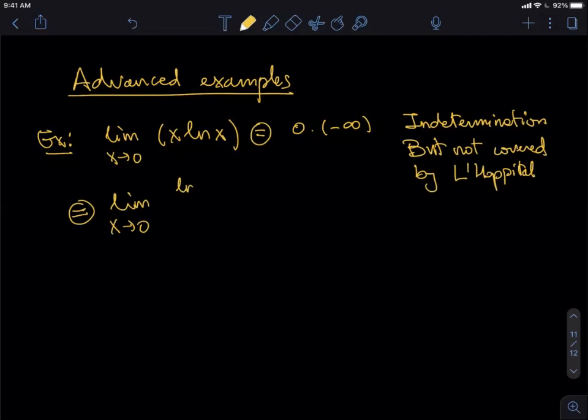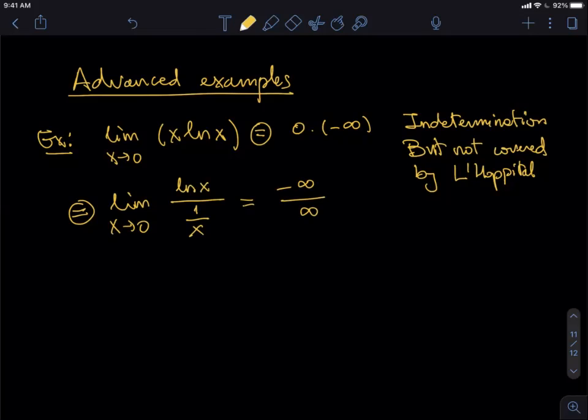What we do here is write the x, instead of multiplying, as dividing by 1 over x. Multiplying by x and dividing by 1 over x is the same thing. But when I write it this way, the limit I get is negative infinity divided by infinity. And this is an indetermination, but this one is covered by L'Hopital.